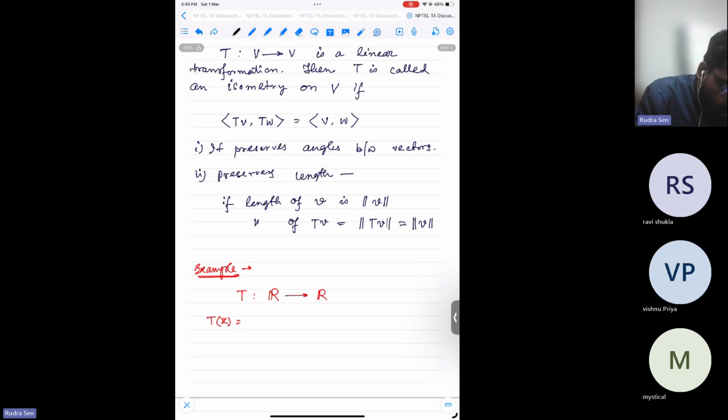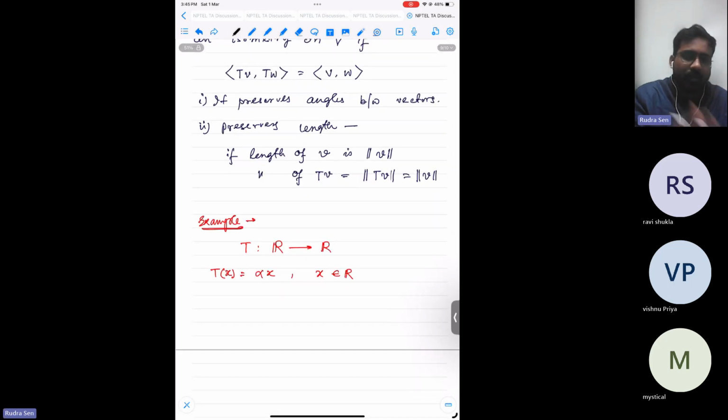T of x is something like alpha x, where x belongs to R, and alpha is fixed, some scalar. The question is, what should be the value of alpha so that this transformation becomes an isometric transformation?